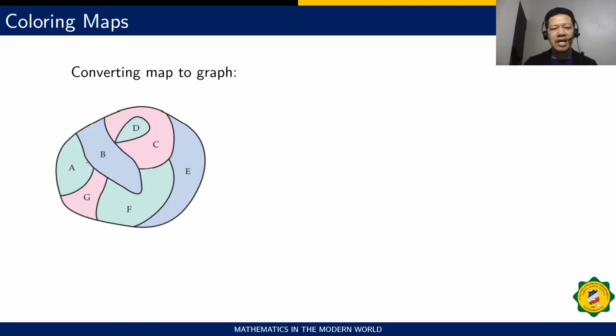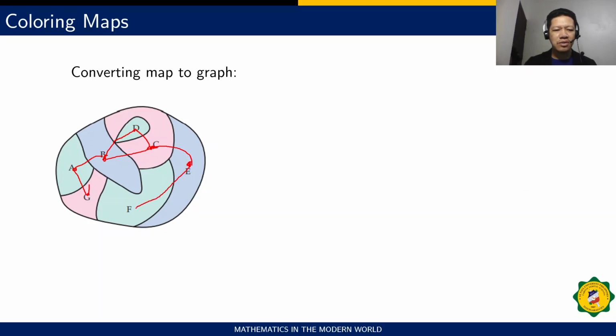Let's say A and B have a boundary, so you connect A and B. A also has a boundary with G, so you connect A with G. B has a boundary with C, so you connect that with C, and C has a boundary with D, so you connect that. There is also a boundary with B here, so you connect that. And then C has a boundary with E, so you connect it with E.